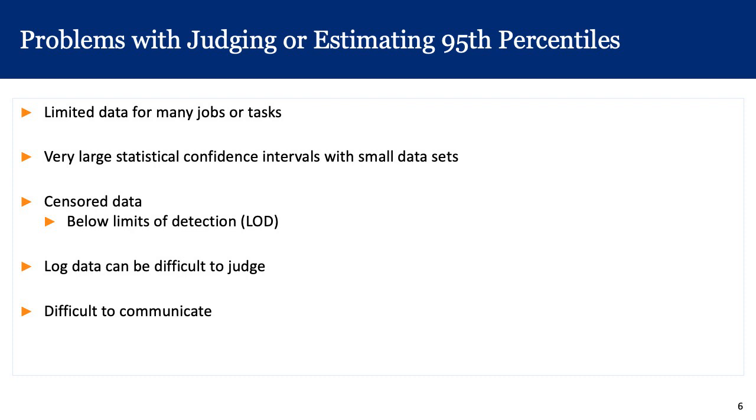So when you have small data sets, there will be very large statistical confidence intervals around the estimate of the 95th percentile. And then frequently we have censored data. So when data are below the limit of detection or LOD, then again, estimating the 95th percentile becomes problematic.